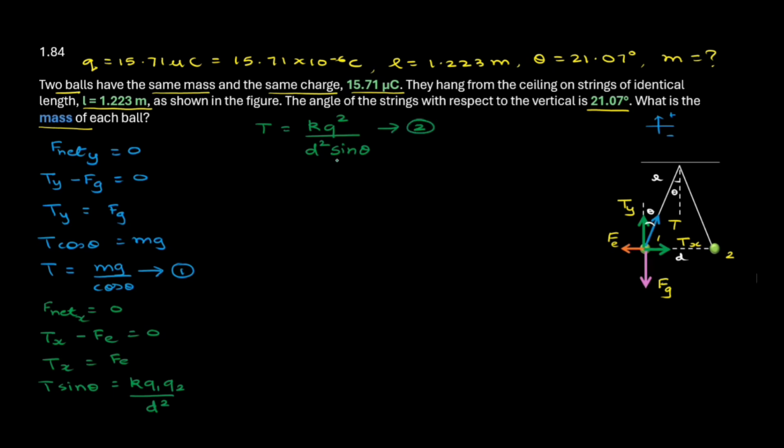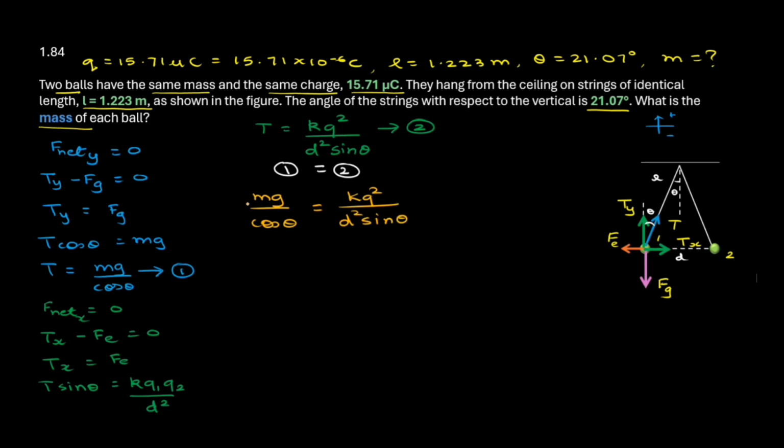Now both equation 1 and equation 2 are equal to the tension in the string. So if the left-hand sides of the equations are equal, the right-hand sides will be equal to each other as well. So we equate the right-hand sides. For equation 1, we have mg over cosine theta, and for equation 2, we have kq squared over d squared sine theta.